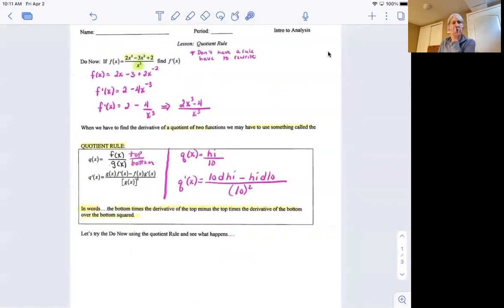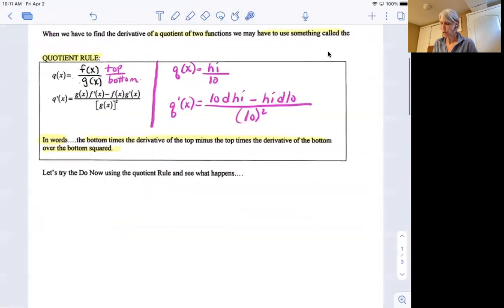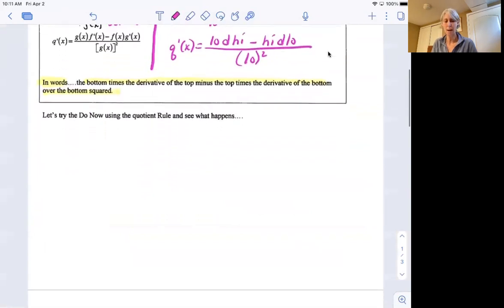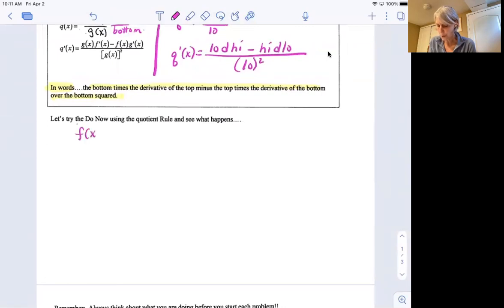So just like we did yesterday with the product rule, let's try the do now using the quotient rule and see what happens. Okay. So if f of x equals 2x cubed minus 3x squared plus 2 over x squared, that's my top function and my bottom function.